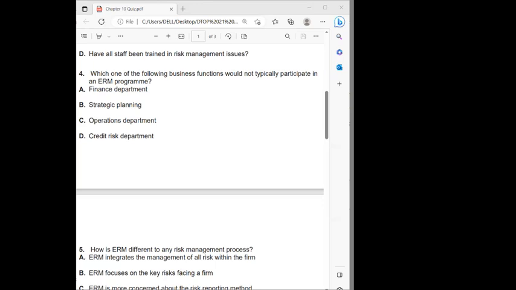The question is, which one of the following business functions would not typically participate in an ERM program? Finance, strategic planning, operations, credit risk.